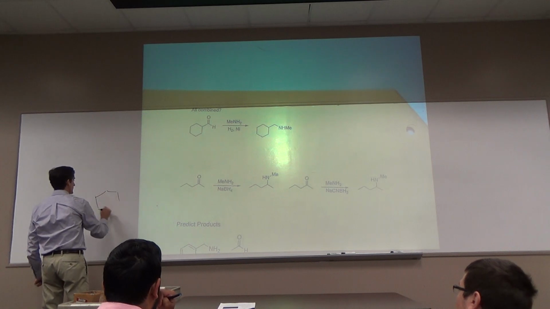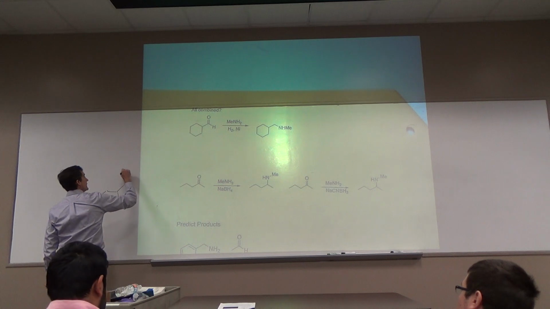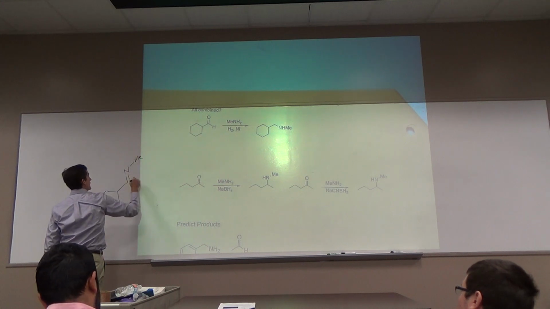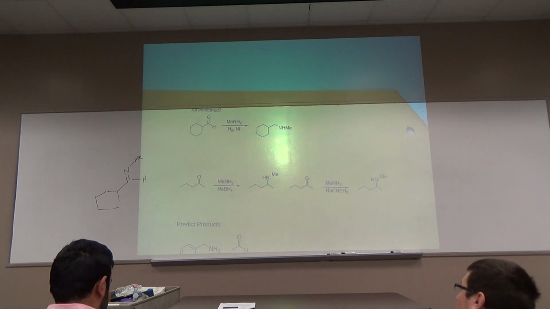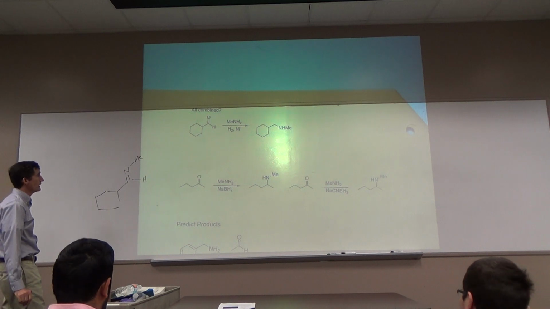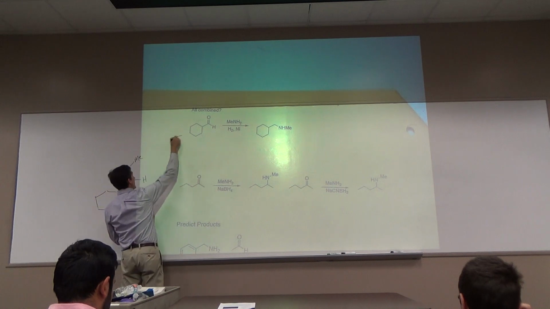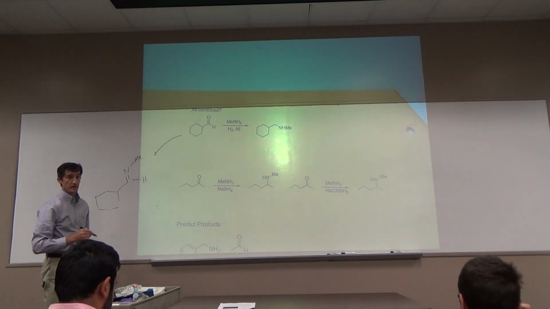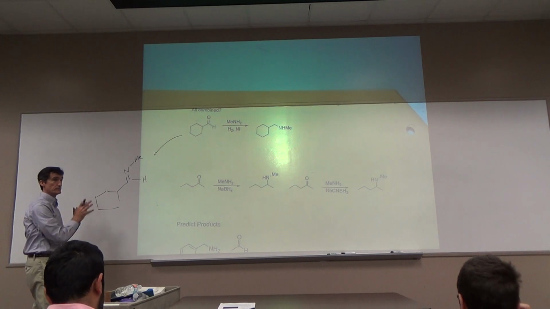First thing is you make the imine. That's not a benzene ring. There's the imine that's formed from reacting the aldehyde or ketone with methylamine. And this is back to Roman numeral 1, the very beginning of this section. We made the imine, we did the mechanism, plus water.